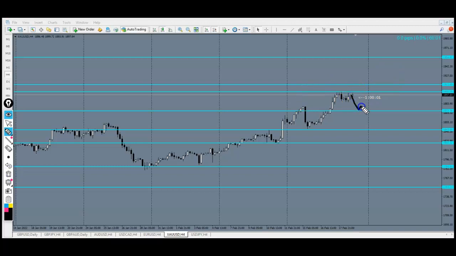Instead of moving up, it moves up a bit and then begins to come down again. We test these levels, but these will definitely be levels to buy once it gets to them, and then we sell at the supply zones. If it's giving us a nice trend, we'll be selling at the supply zones there.